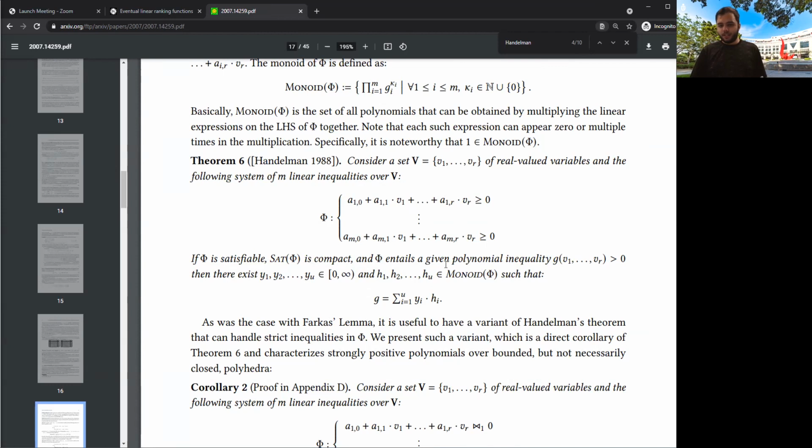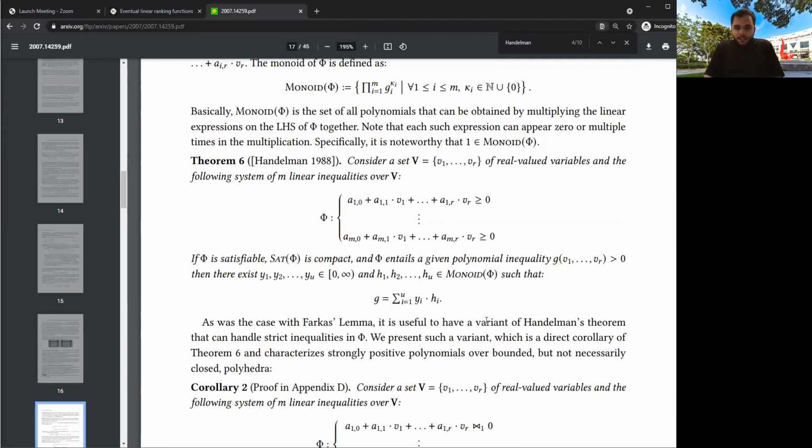So then G can definitely be written in this form. So even without these conditions, we know that if we can write G in this form, then G is non-negative. But what the theorem says is that if these conditions hold, then any positive G can be written in this form. Okay.